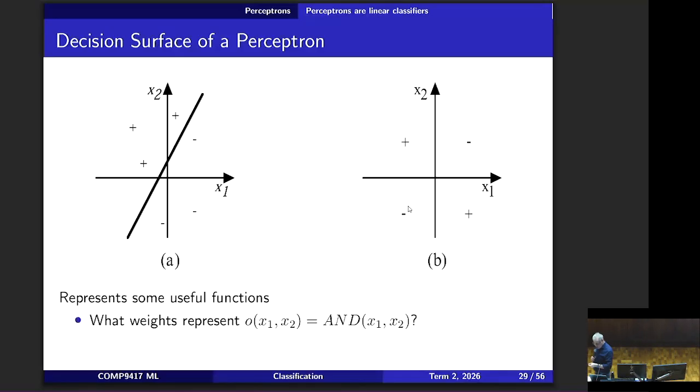The two classic examples of this are the OR function, where if at least one of the inputs is positive, then you will cross the threshold. The AND function is where you need all of the inputs to cross the threshold, otherwise it's false.